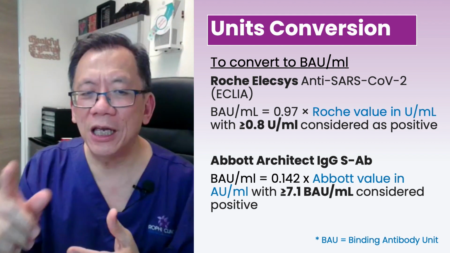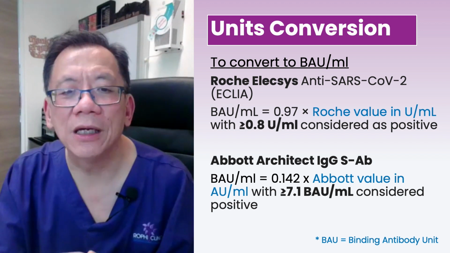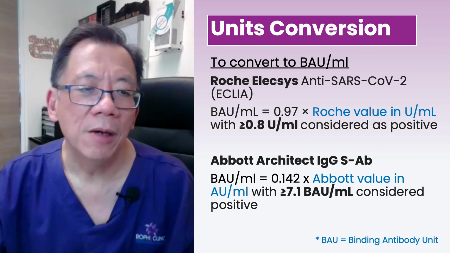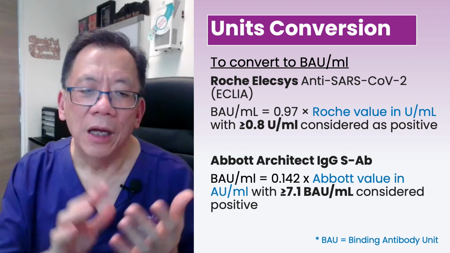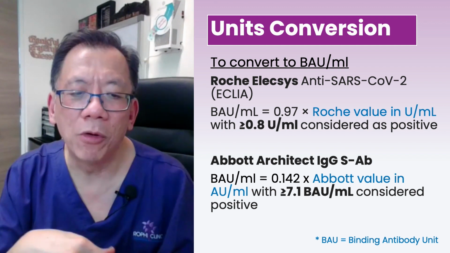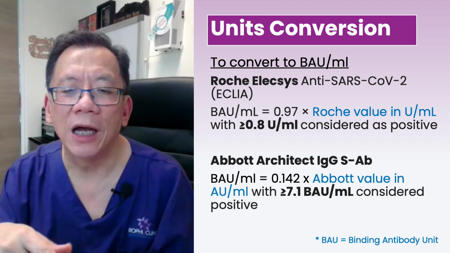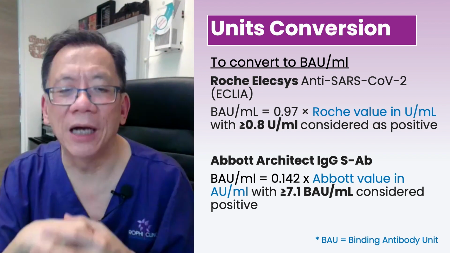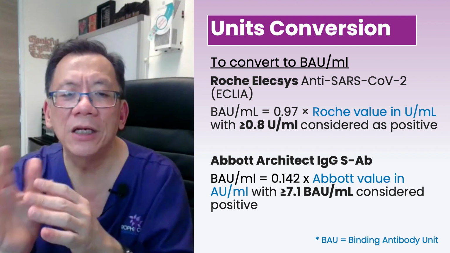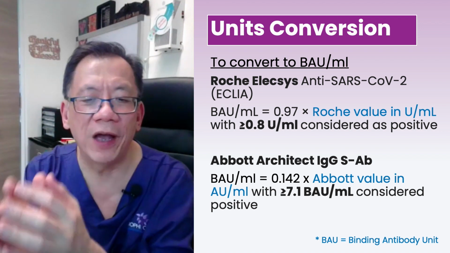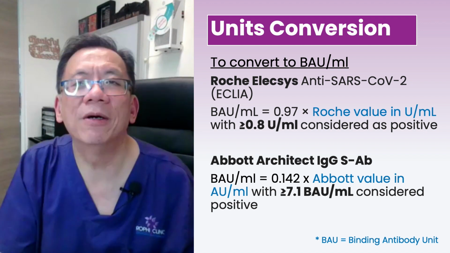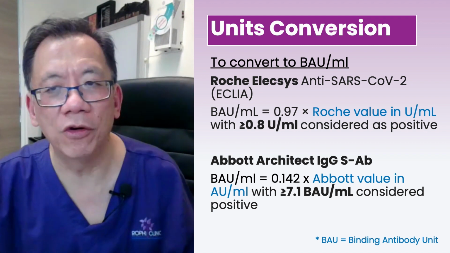If the reference says more than 0.8 is positive, then you are dealing with a Roche kit. But in the case of the Abbott kit, if you see a report of more than 7.1 BAU considered positive, then you know you're dealing with an Abbott Architect kit. Again, the conversion factor for the Abbott value in AU versus BAU can be applied, and the multiplication factor is 0.142.